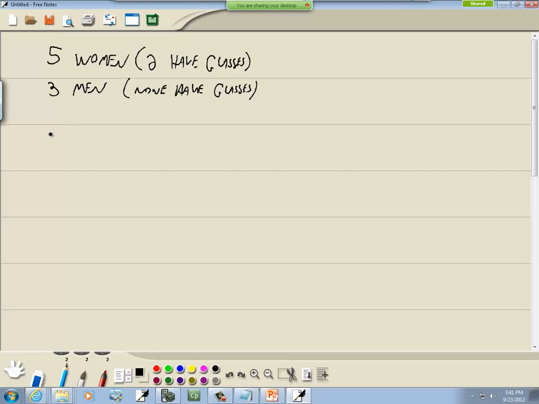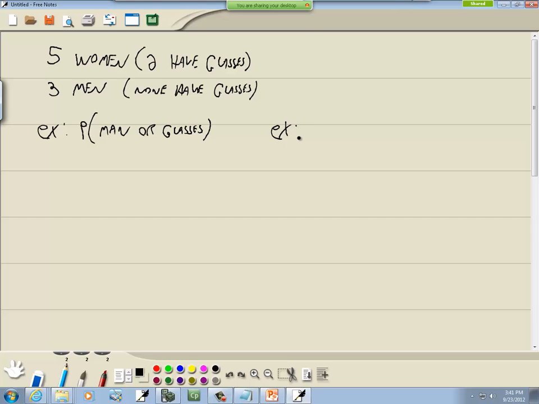Well, if I look at the probability, for example, of picking somebody out at random from the class who's either a man or has glasses, these are mutually exclusive because there's no men that have glasses. So this is going to be completely separate from that.